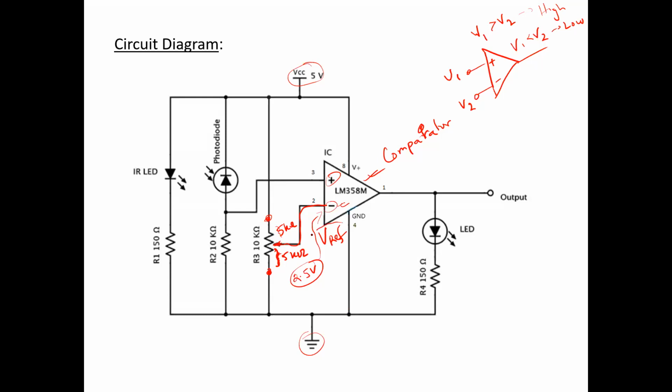So with respect to this reference voltage, the voltage at the non-inverting terminal will be compared, and only when the voltage at the non-inverting terminal is higher compared to the reference voltage, then a high signal will be provided at the output of the op-amp, and when there is a high signal, a current passes through the indicator LED, and the LED glows, which would indicate that an object is being detected.